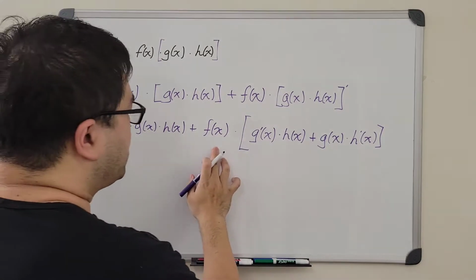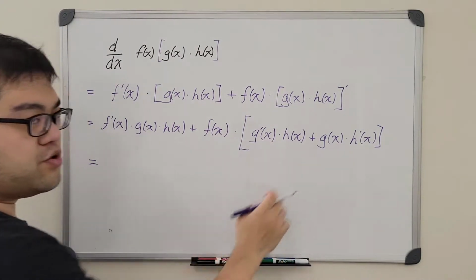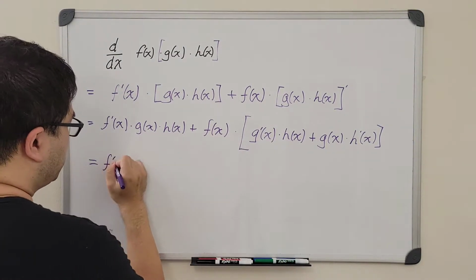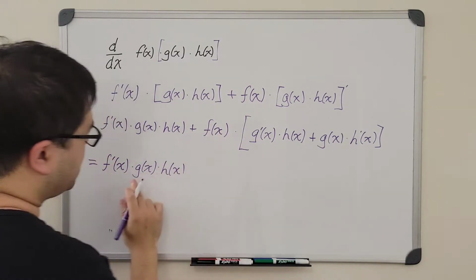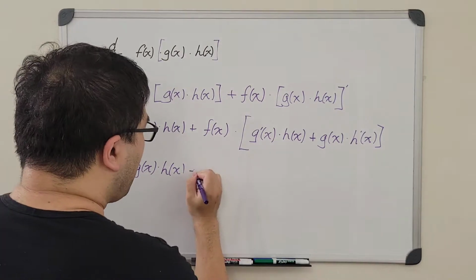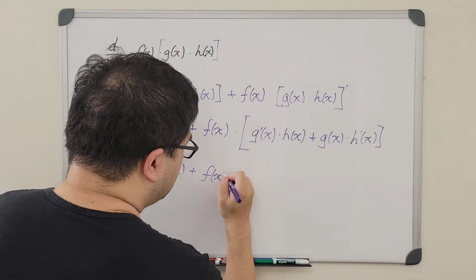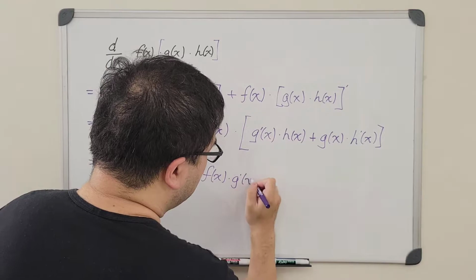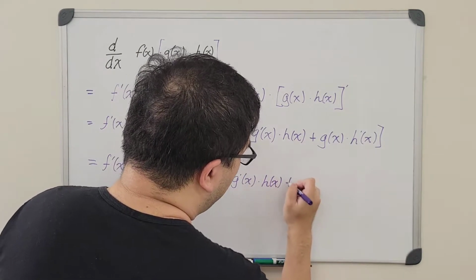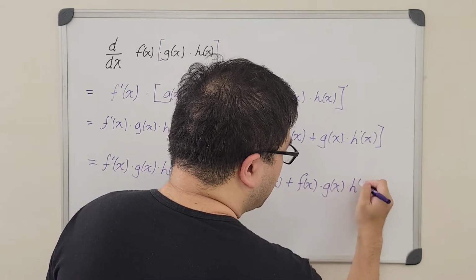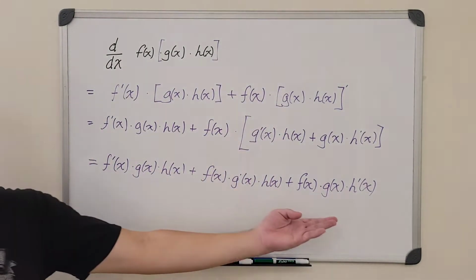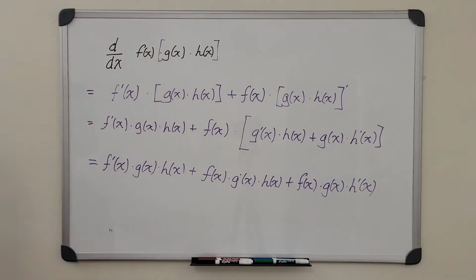If we multiply the f into the two parts inside the brackets and distribute it, we will get our final answer: f prime of x times g of x times h of x, plus f of x times g prime of x times h of x, plus the last term, f of x times g of x times h prime of x. And that is the result for the derivative of the product of three functions.